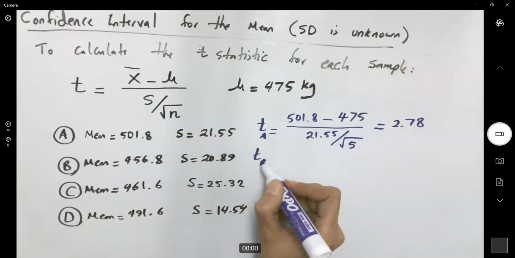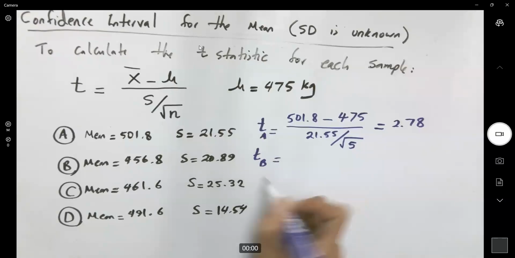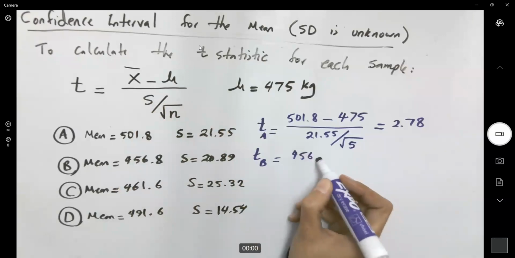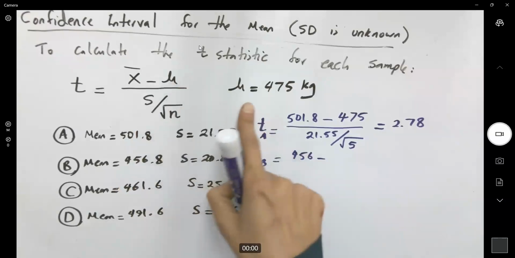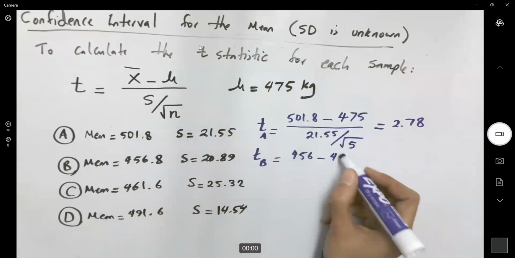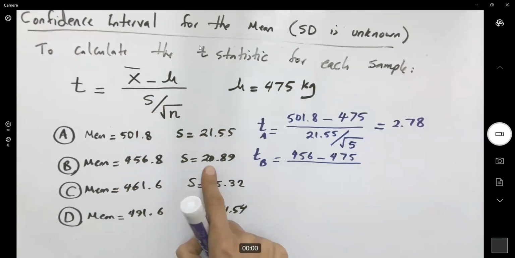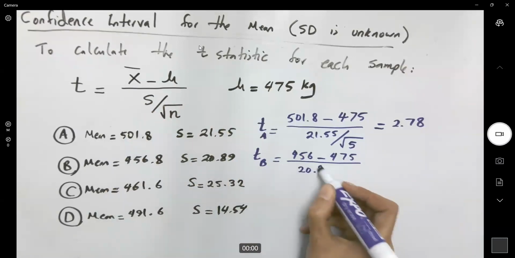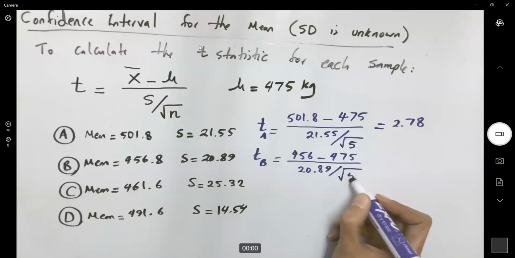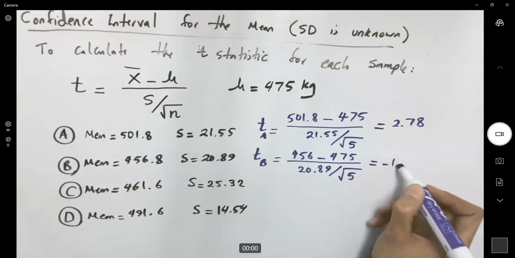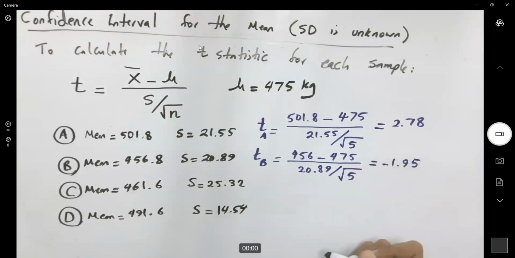For the second sample, T sub B is equal to X bar. We calculated the X bar to be 456.8, minus the mean of the population, given to us as 475, divided by the standard deviation of the sample, 20.89, divided by the square root of the sample size, which is 5. This is approximately negative 1.95.